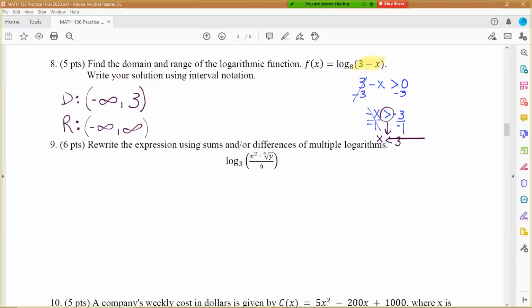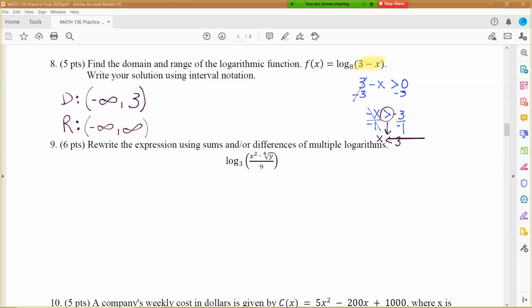Because this is pointing to the left, it's going towards negative infinity, all the way up until it gets to 3. So the first thing is always negative infinity for the domain if your arrow is pointing to the left. Since my x is less than 3, any number that's less than 3 works.